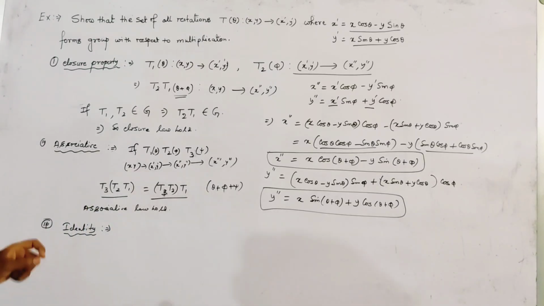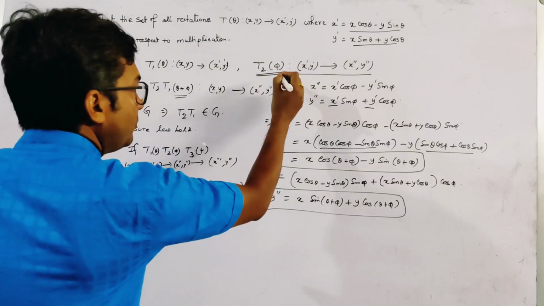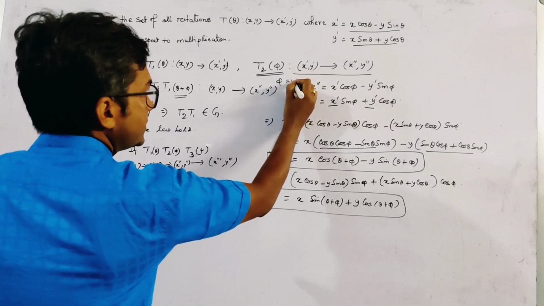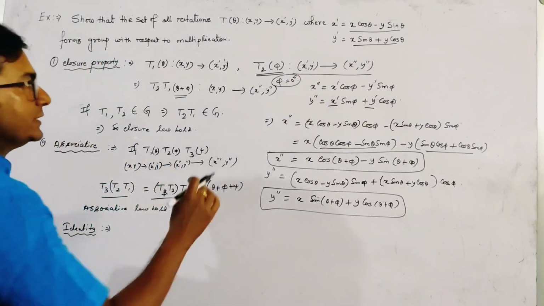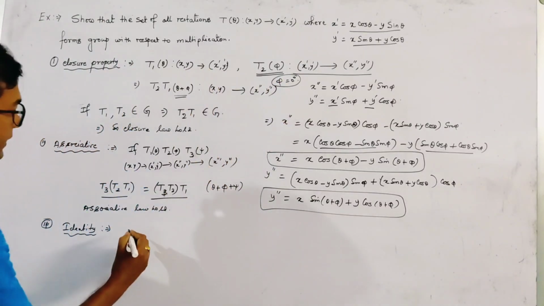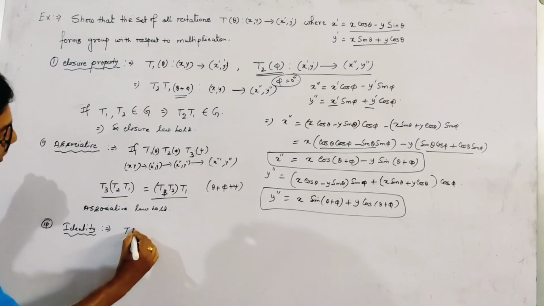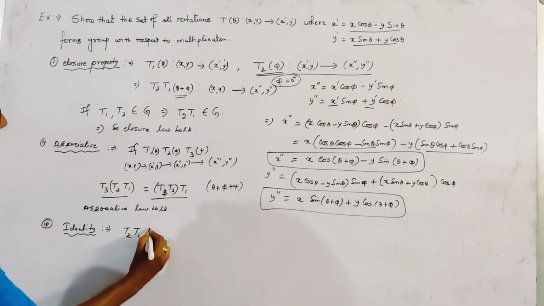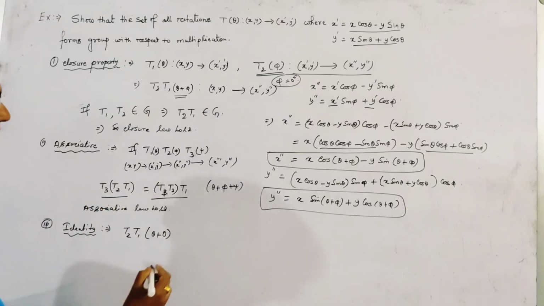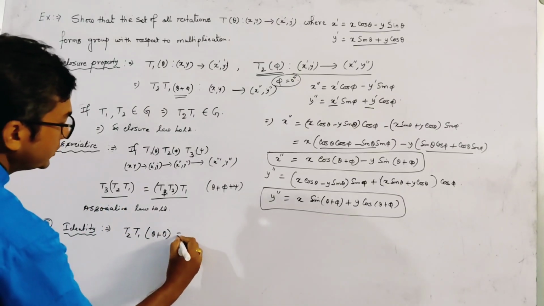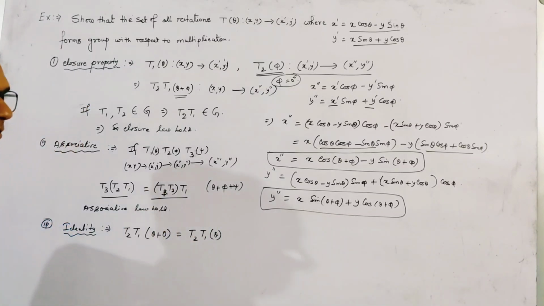If we put phi equal to 0 degrees, then it is clear from this relation that T2 composition T1 is given by theta plus 0, which means T1 of theta.